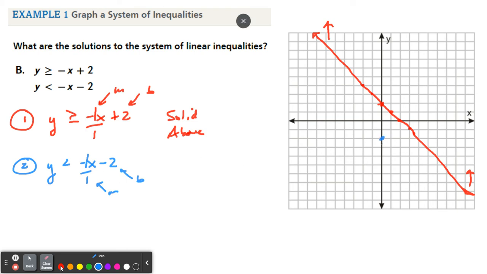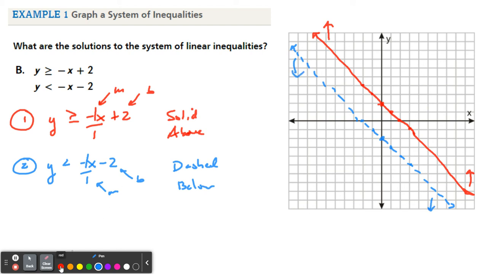Then we'll count our slope of down 1, right 1, up 1, left 1. Good. I do not have an equal to this time, so I'm a dashed line. So I'm going to dash this line. And I'm less than, so that means below. So I'm actually down here.